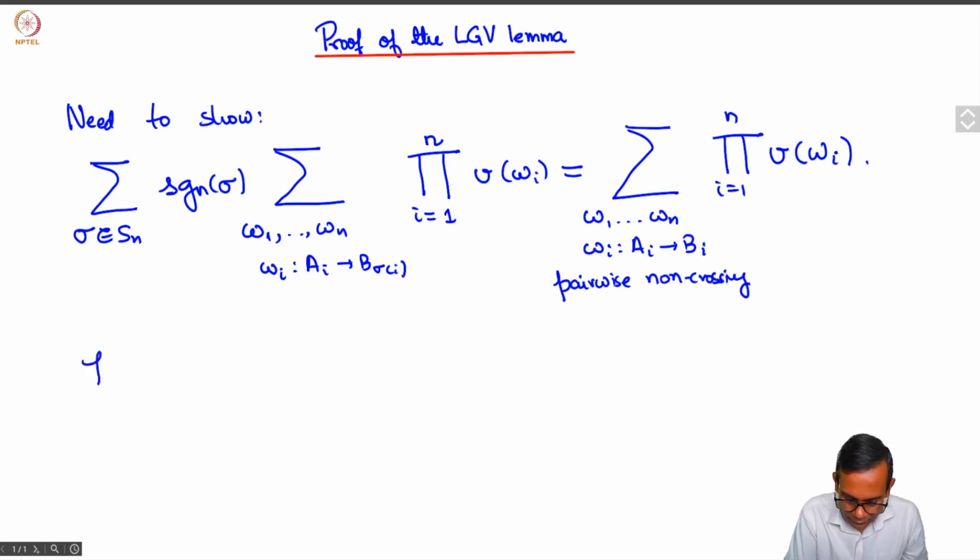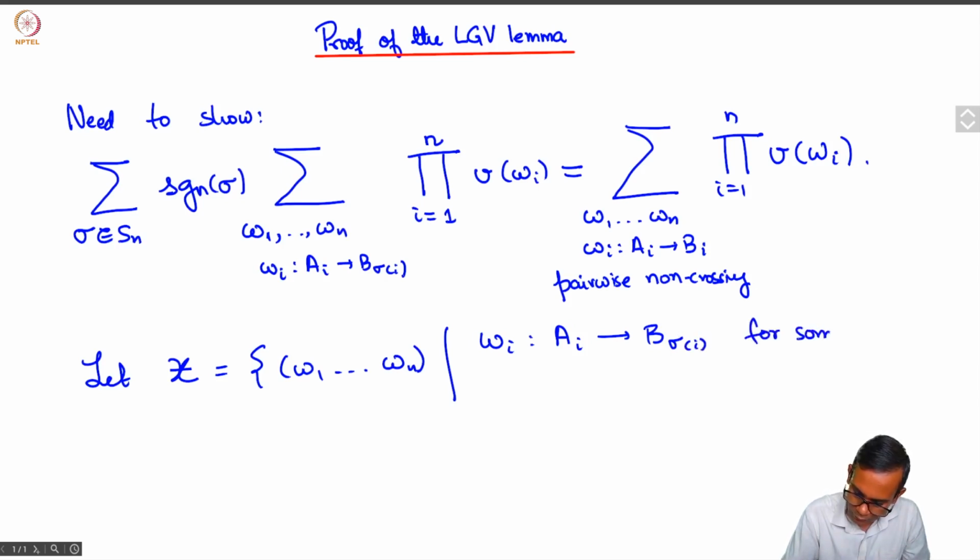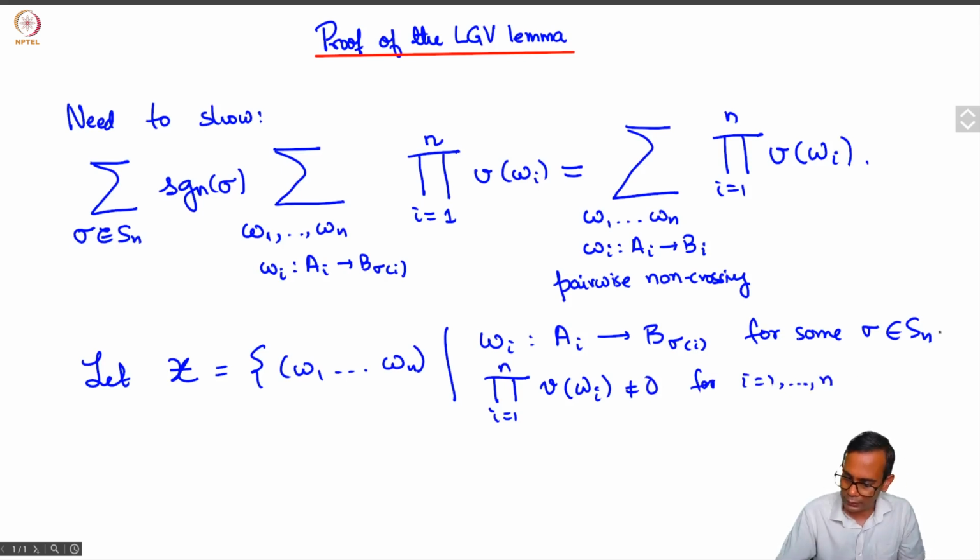To this end, let X denote the set of all n-tuples of paths omega_1, ..., omega_n, where omega_i is a path from a_i to b_sigma(i) for some permutation sigma in S_n, and we'll also assume that the product for i from 1 to n of the weight of omega_i is not equal to 0. Otherwise, there's no contribution to the left hand side.